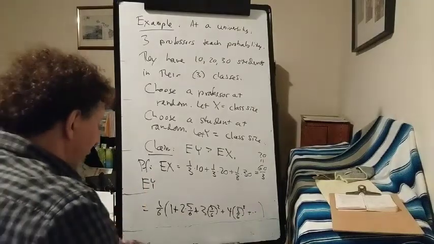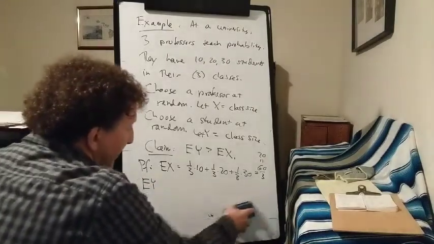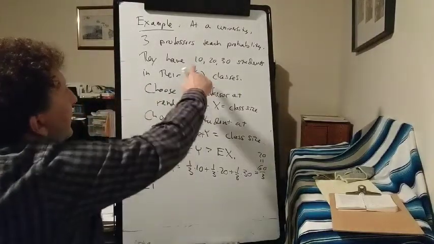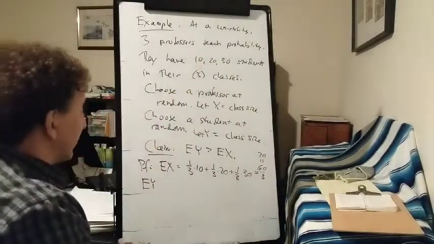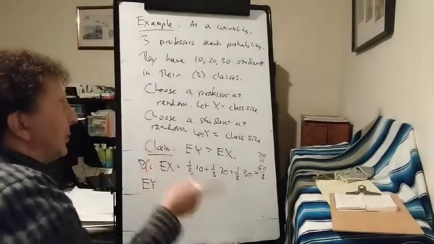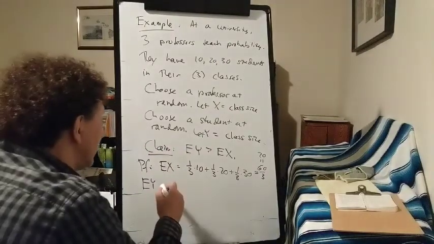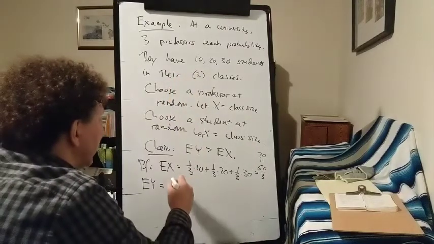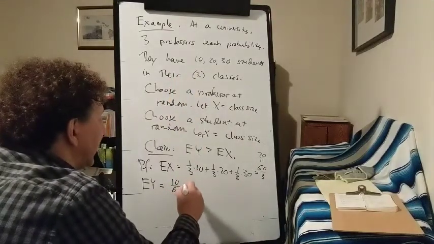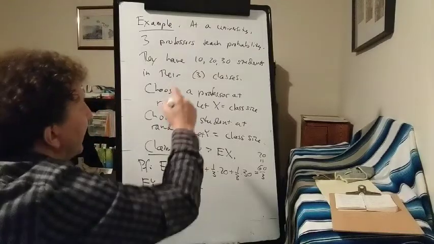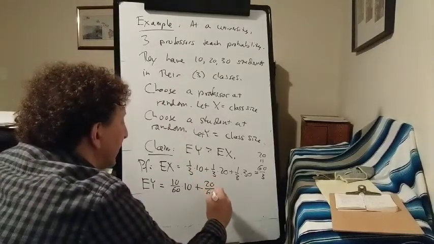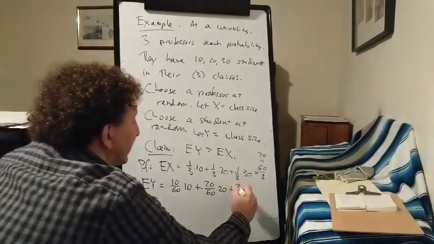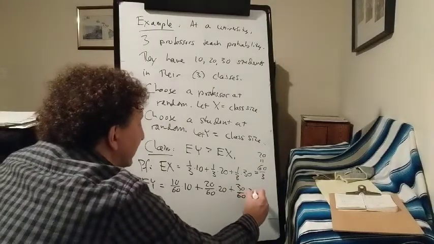And what's the expected value of Y? Now there are 60 students altogether taking probability, assuming nobody's in 2 classes. So 10 out of the 60 students are going to say their class size is 10. And then 20 out of the 60 students are going to say their class size is 20. And 30 out of the 60 students are going to say their class size is 30.